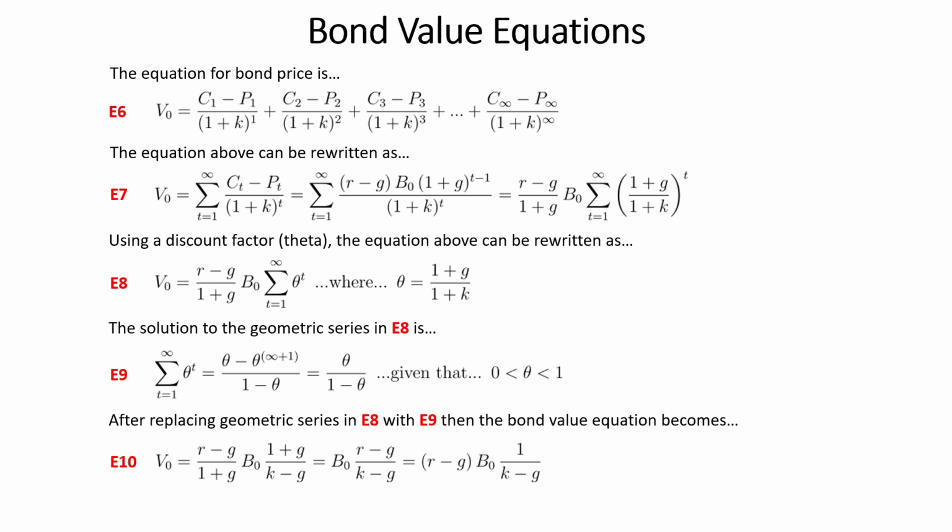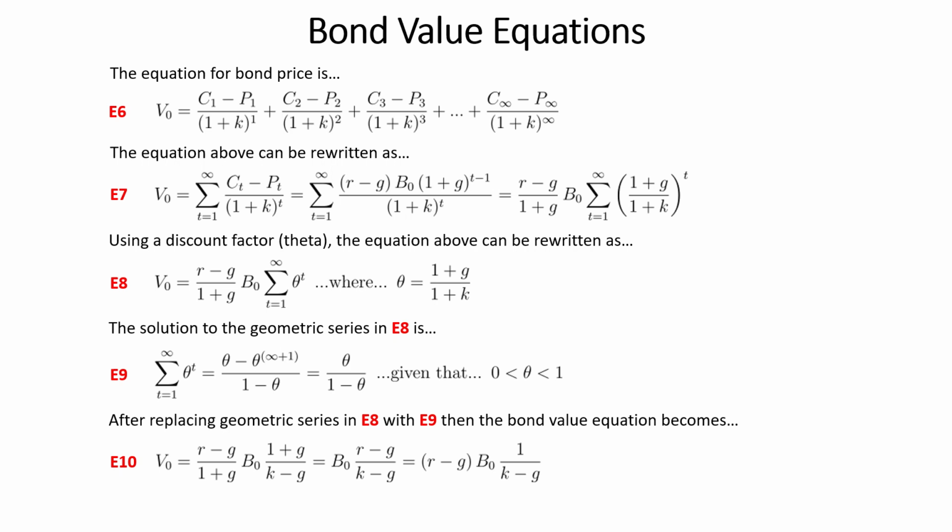So the geometric series becomes theta minus theta to the infinity plus 1, over 1 minus theta. You can see that theta to the infinity plus 1 goes to 0, because any fraction between 0 and 1, which our discount factor is, taken to the infinite power goes to 0. So therefore, we can eliminate that altogether.